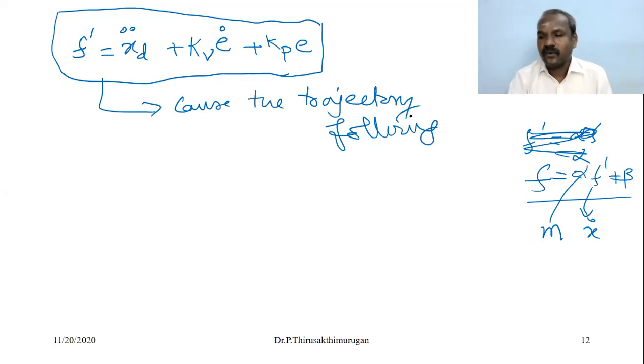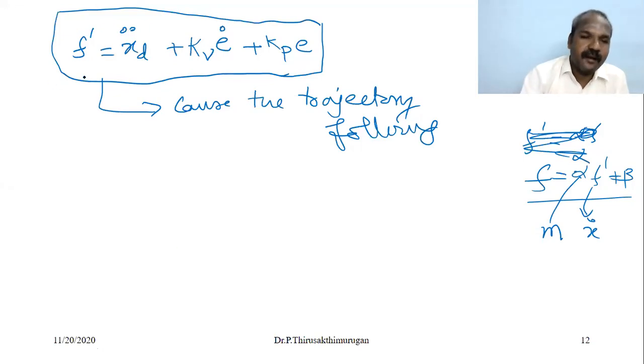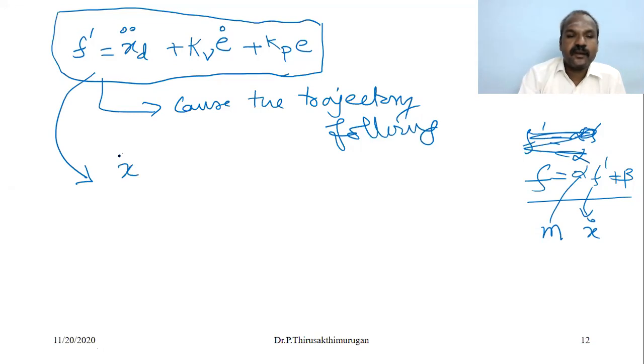Understand? So from this equation, the control law is a good choice if you combine it with the equation of motion. What is the equation of motion? X double dot equal to xd double dot plus Kv E dot plus Kp E, for the unit mass.